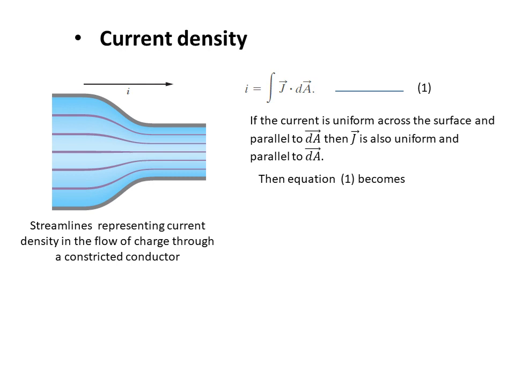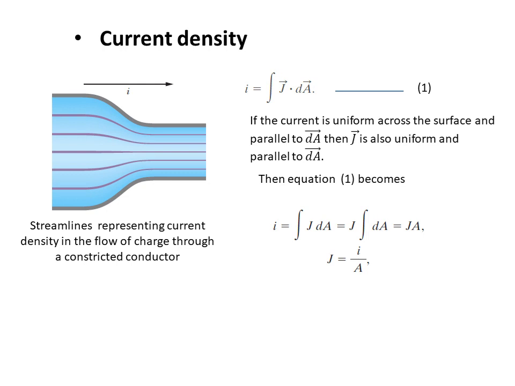If both are parallel, the angle between them is 0, and cos 0 is equal to 1, so we write I is equal to the integral of J dA. We can take the J out of the integral because it is constant. dA is basically the area of a particular element of this conductor, and when we take the integral, it becomes JA.